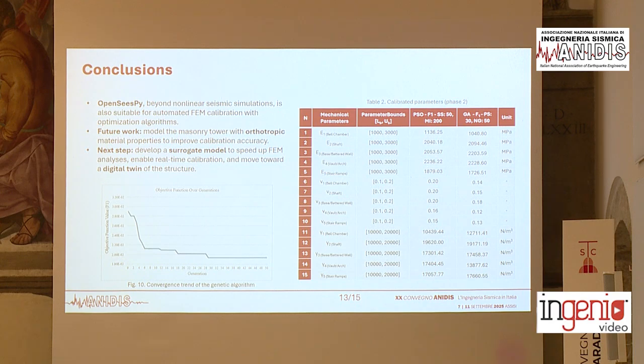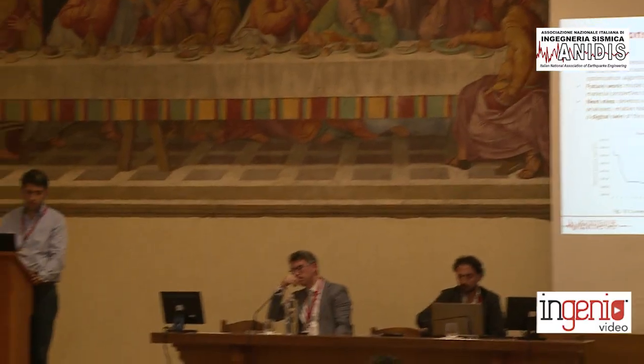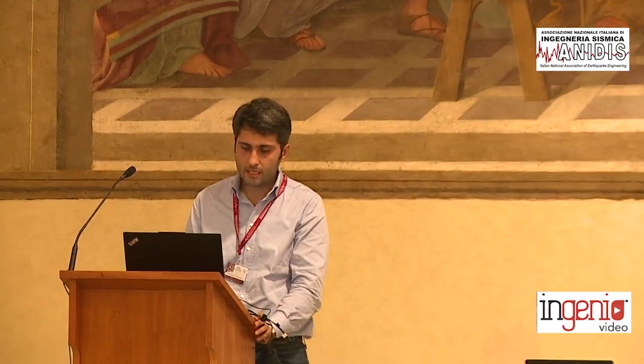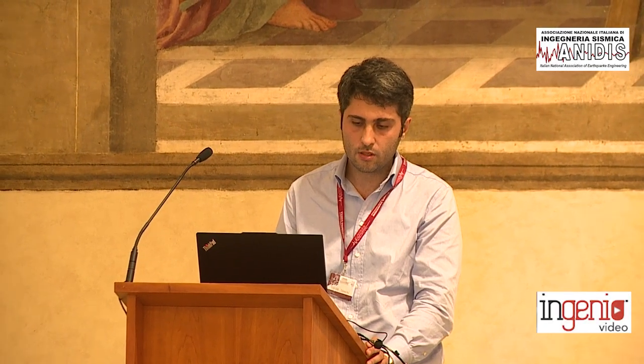And these are the results of the actual data, and for the actual data, we only had the frequencies, not mode shapes, and this is the trend of convergence of the genetic algorithm.